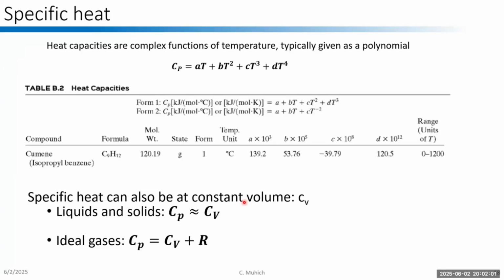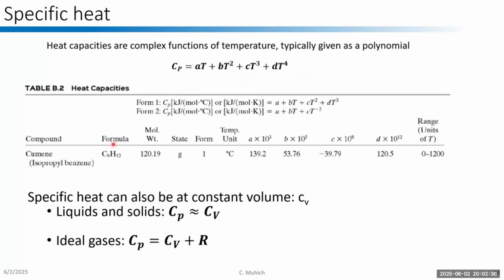All right, so heat capacities usually are complex functions. And you'll learn a little bit about where this comes from and why these are functions of temperature in our core course on graduate level thermodynamics. But for right now, let's just know that in most cases, these heat capacities are written out as a function of temperature and are often done as a polynomial.